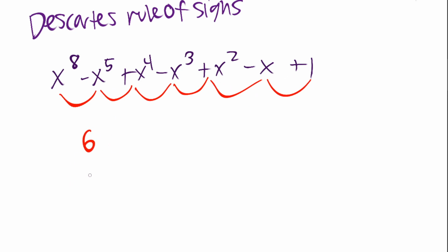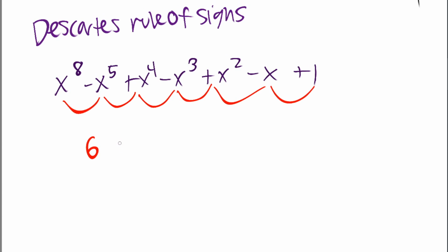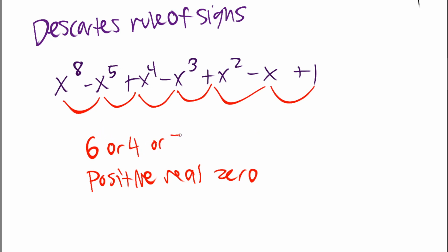sign changes. What Descartes found is that the number of sign changes is how many positive real zeros you could have. So 6, but you can also go down by 2: 6 or 4 or 2 or 0.